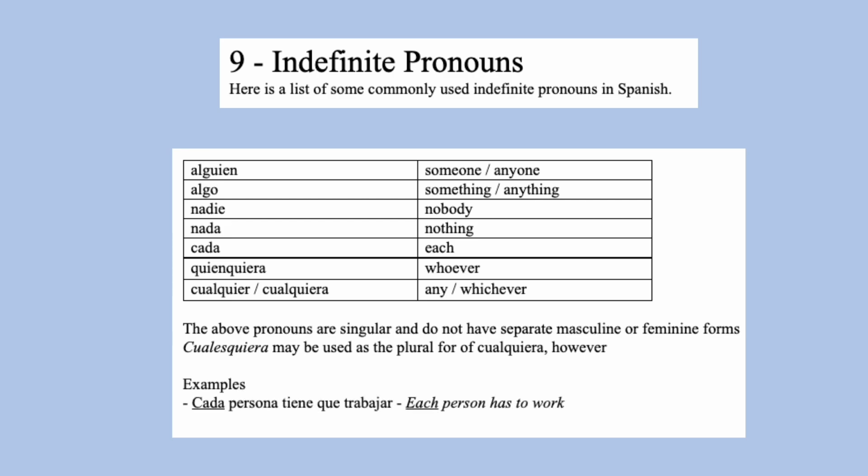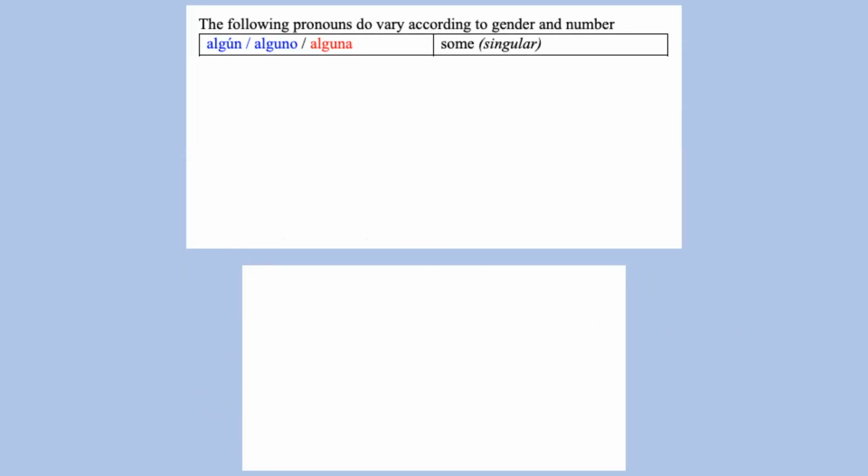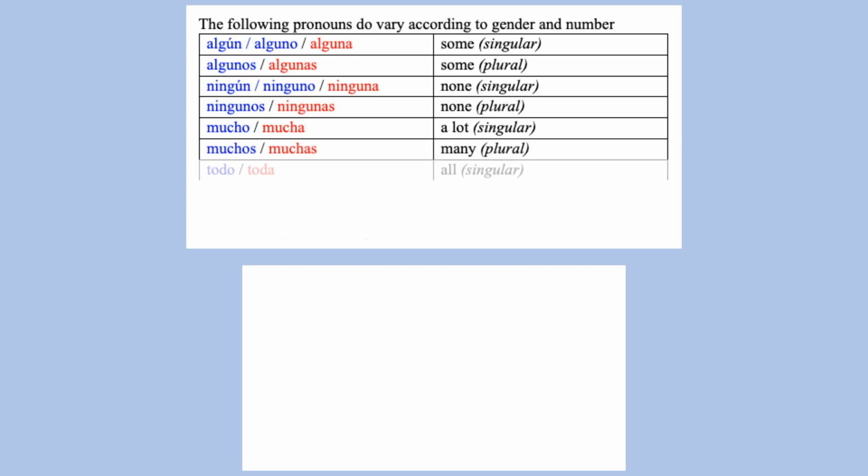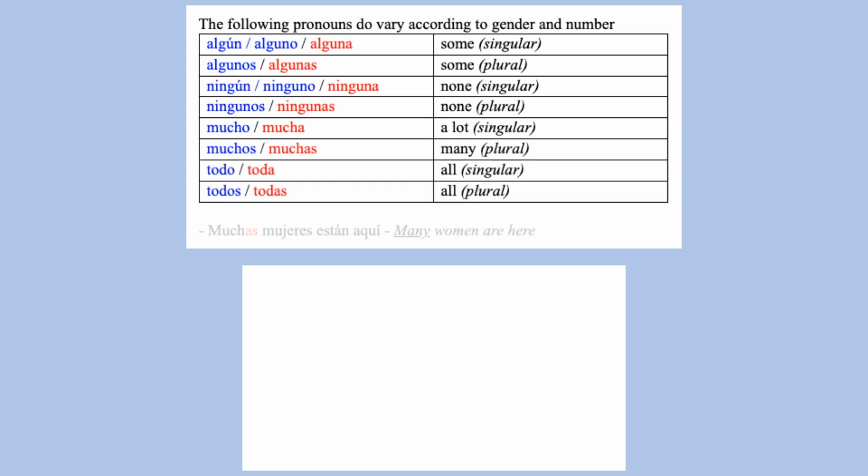Cada persona tiene que trabajar. Algo no está bien. These indefinite pronouns do vary according to gender and number. Muchas mujeres están aquí. Mujeres is feminine plural, so muchas is also feminine plural.